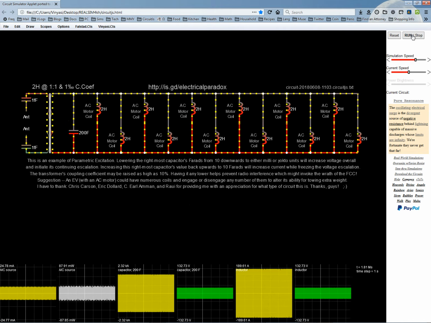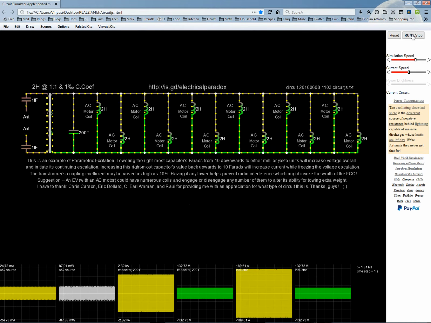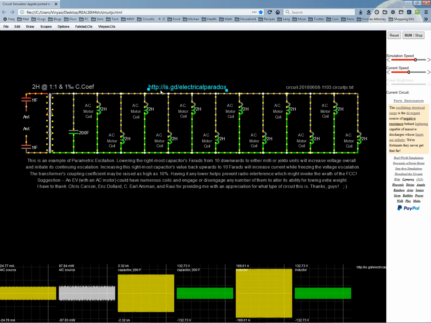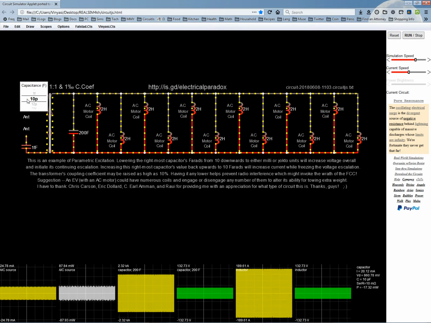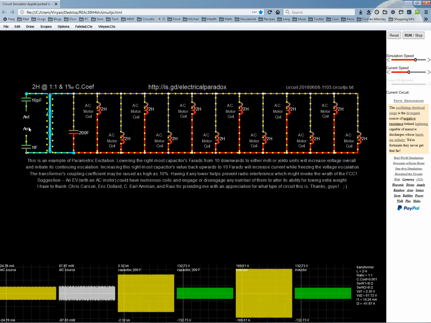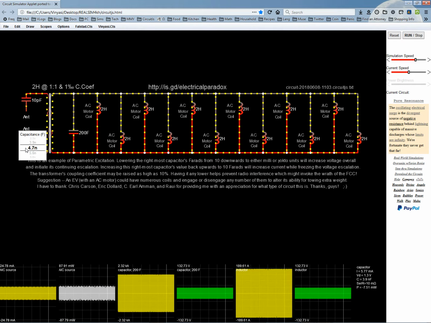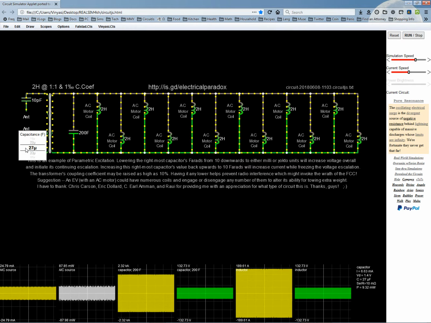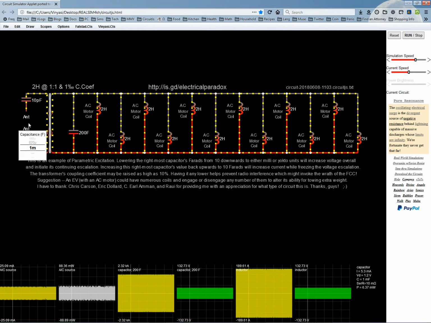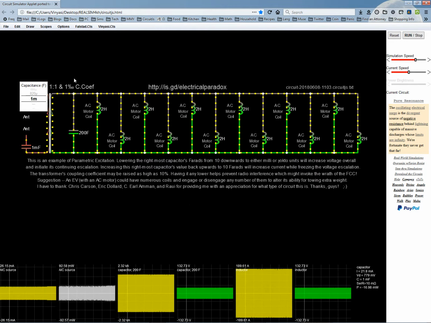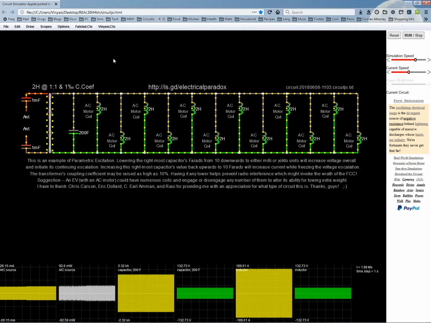Okay, so let's see what happens now. Nothing. Absolutely nothing. So let's take it up to 10. Nothing happens. Oh yeah, I forgot about that. No, so it's a good thing to tell you. It doesn't matter what value you have here. Well, then why do I keep it at the low value?